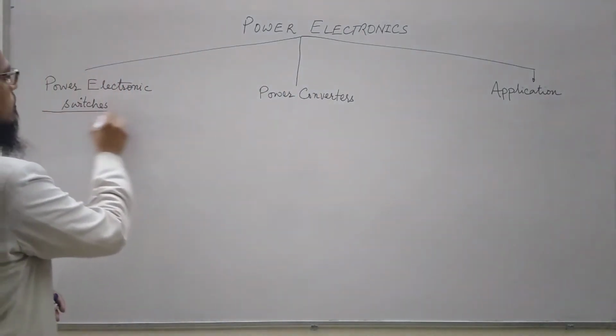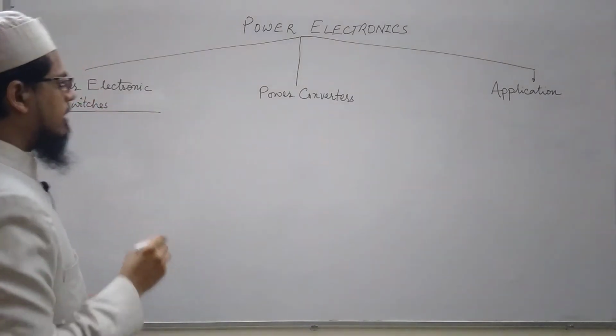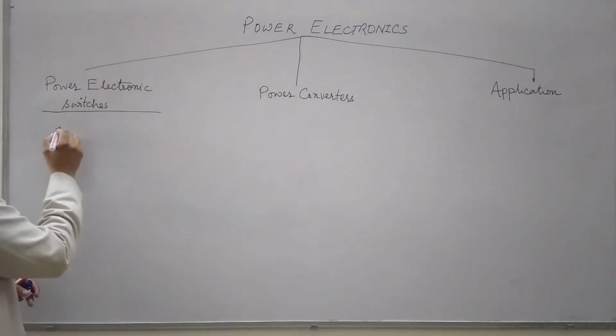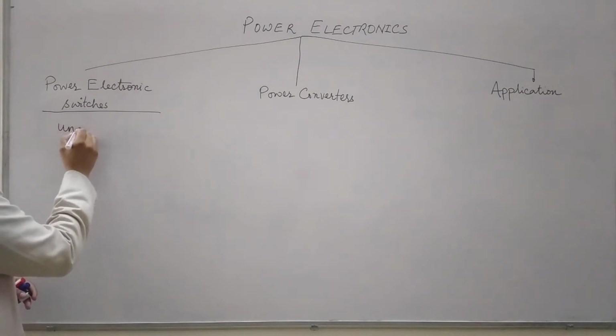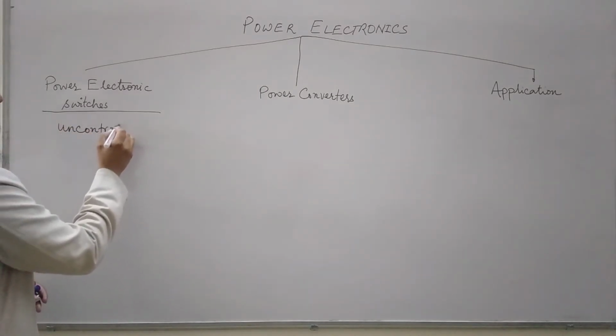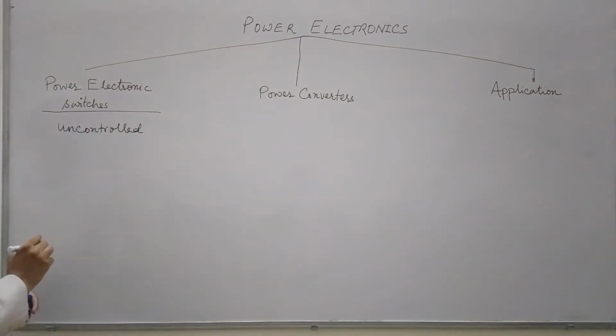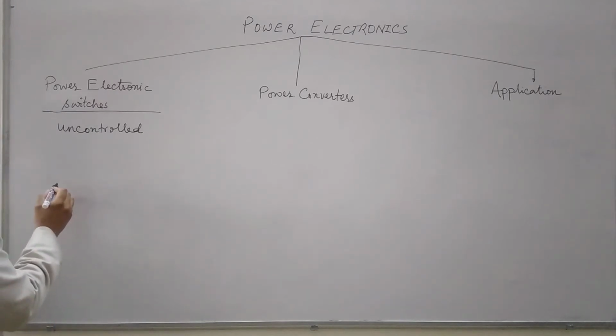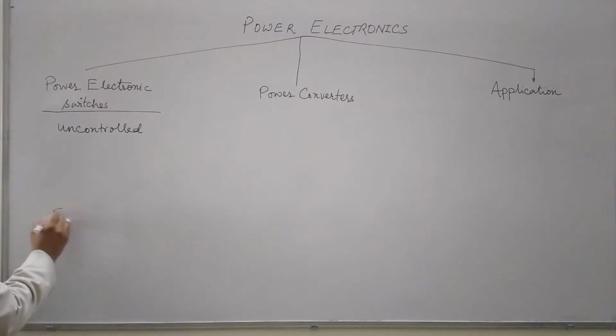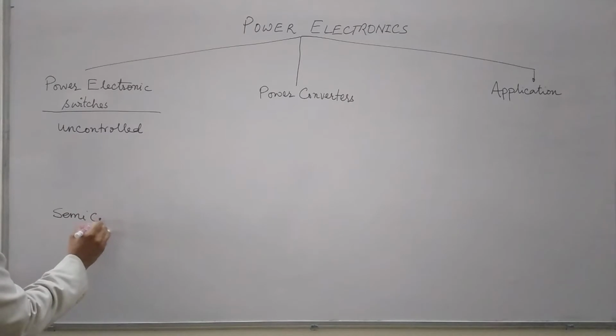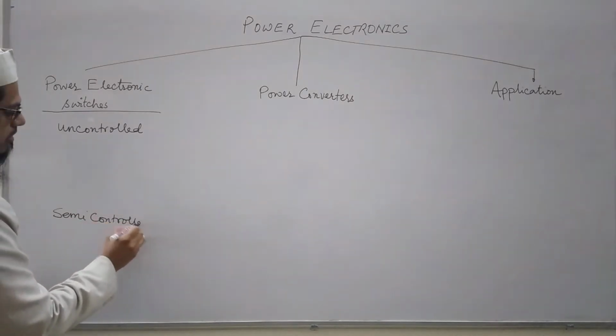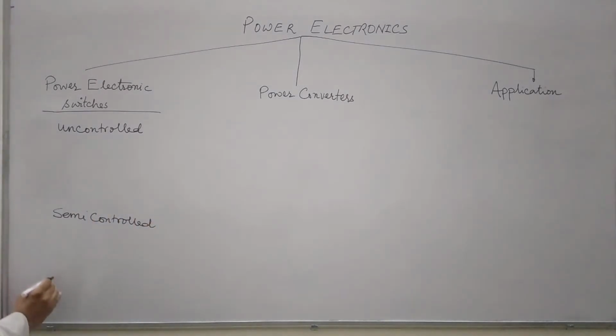Power electronic switches can basically be categorized as uncontrolled switches, then we have semi-controlled switches, and then we have fully controlled switches.